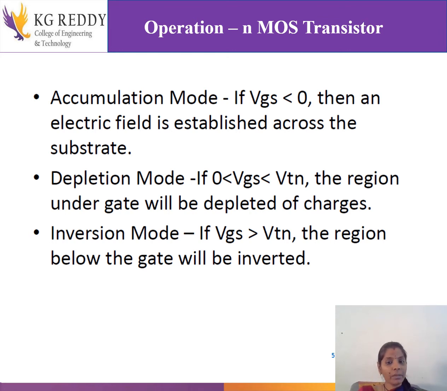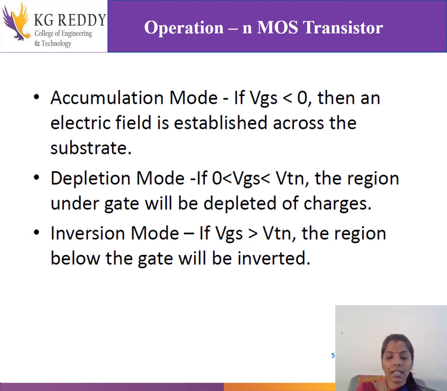Now, in order to form a depletion mode, the gate voltage should be greater than zero, and again, sorry, it should be less than the threshold voltage. Here we are giving a small voltage, and the gate voltage should also be less than the threshold voltage. Therefore we say that under this region the gate will be depleted of charges.